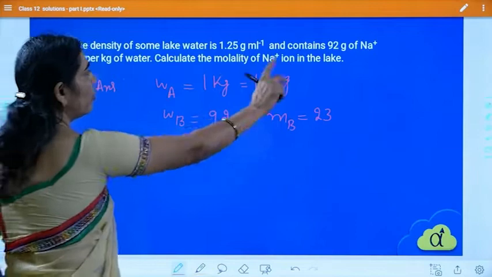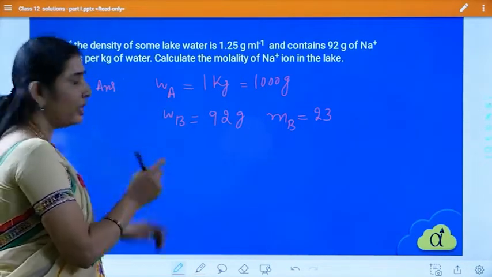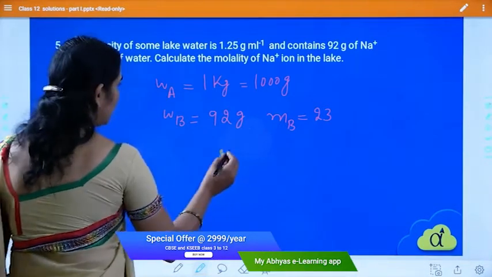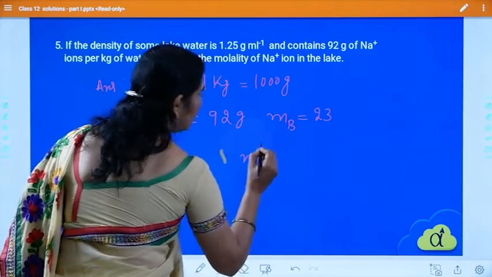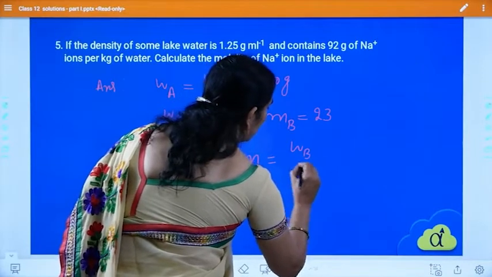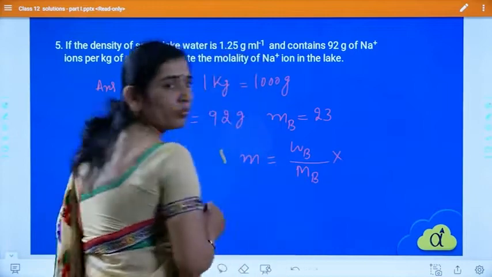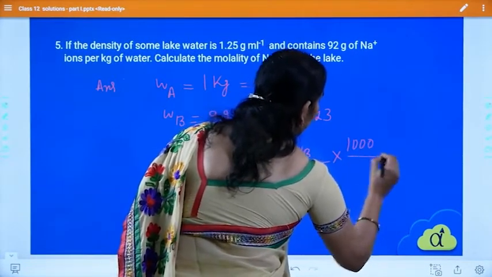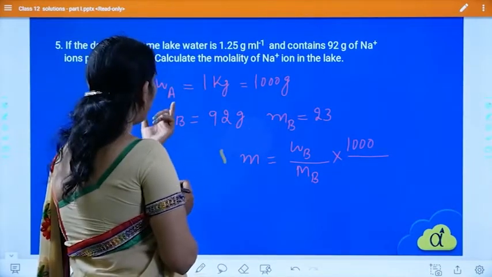What you have to calculate? Molality you have to calculate. To calculate molality, we have got the data. So what is the formula here? Students, the molality formula: small m equals WB, weight of solute, divided by molecular mass of solute, into 1000, divided by the weight of the solvent.